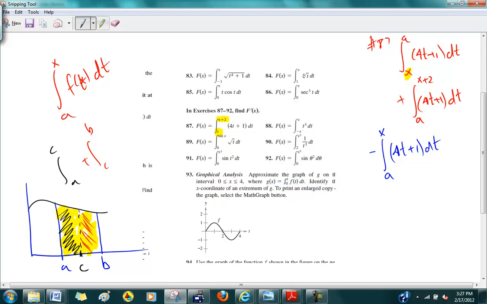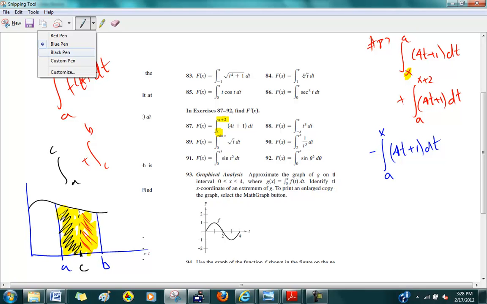And then the other one doesn't need to be changed much, except I'll show you, well, how do I show you that? What am I going to do? Perhaps I need to do an example first before I finish this off.